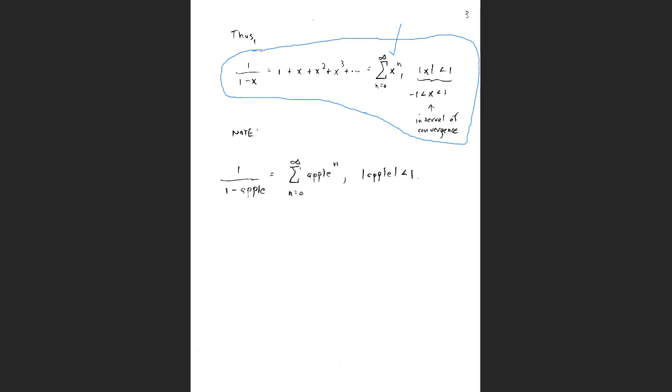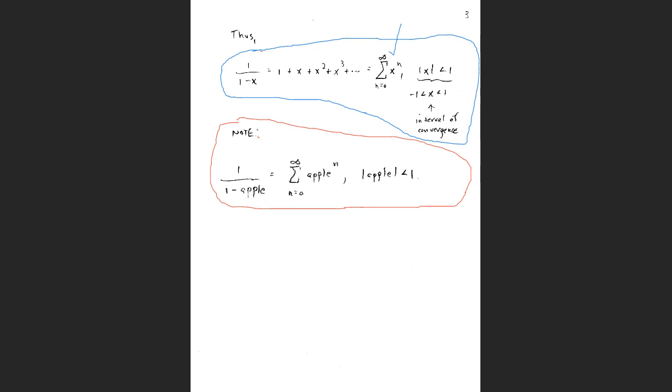So what I'm going to do is I'm going to replace the x with an apple. Okay? An apple could be anything. It could be x squared, x to the 2, it could be anything. I'm going to replace the x with an apple. Think of it like this.